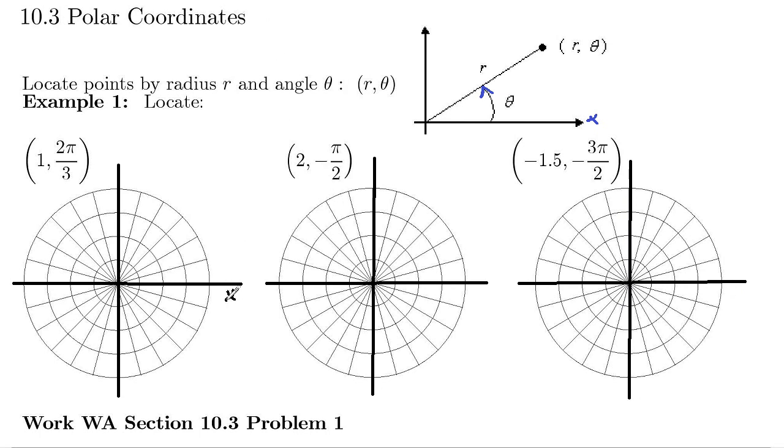So here's our x-axis, here's our y-axis. So this is pi over 2 up here. Okay, and then there's 6 pieces of pi over 2, so each one of these is 1/12 pi.